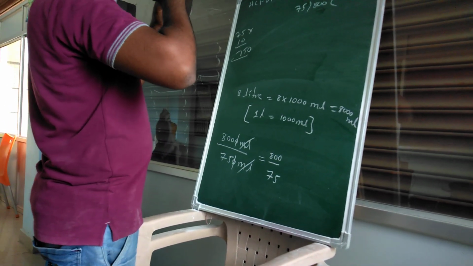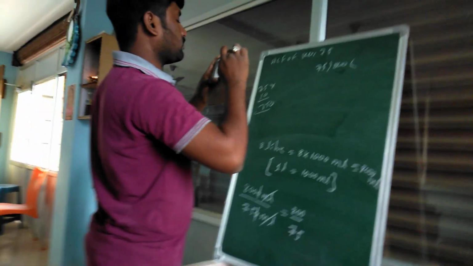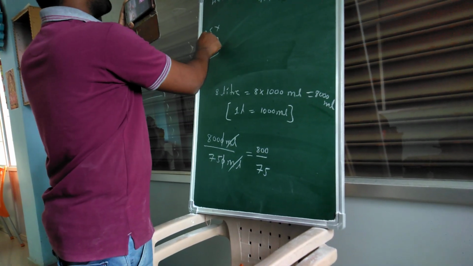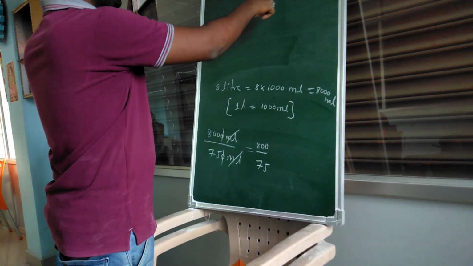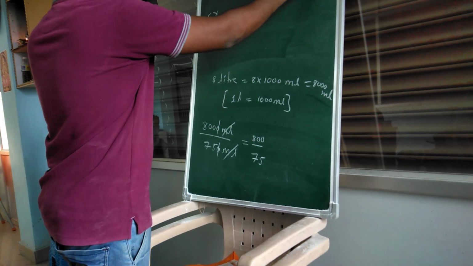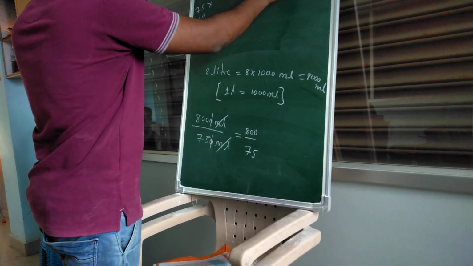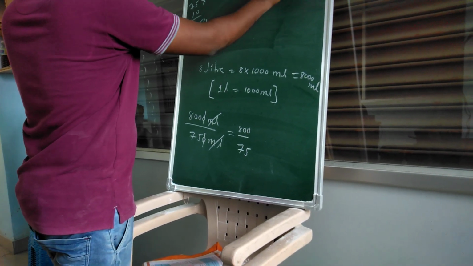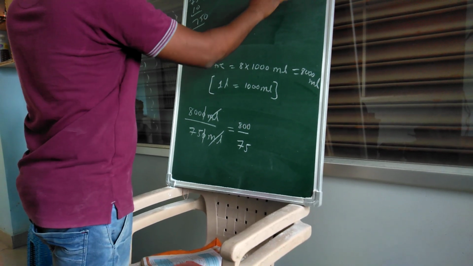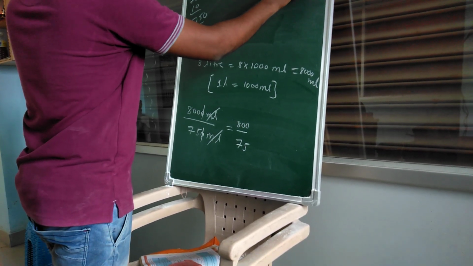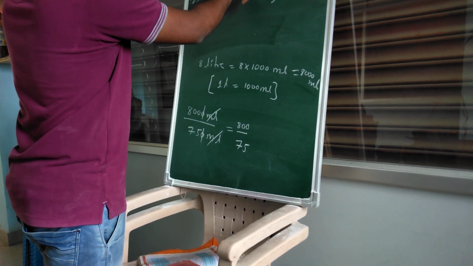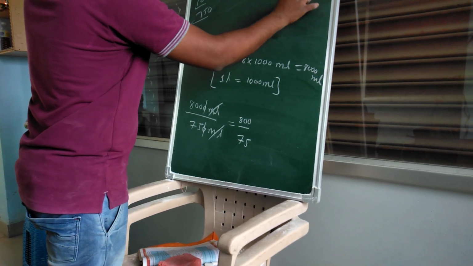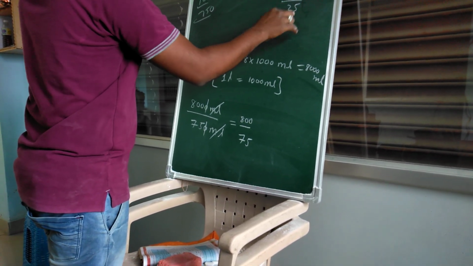Okay students? 75 into 10 is 750. So 75 into 11 crosses 800. Subtracting 750 gives 50. Now multiply and divide with 75. Now 75 is the dividend, 50 is the divisor. 50 ones are 50, minus means we are getting 25.